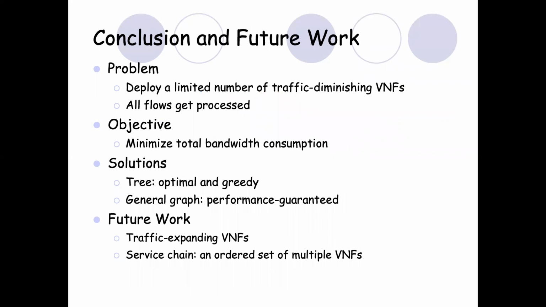So here is our conclusion and future work. In this paper, we studied the middlebox deployment problem with a limited number of traffic diminishing middleboxes. We aim at minimizing the total bandwidth consumption, and we propose several efficient solutions.